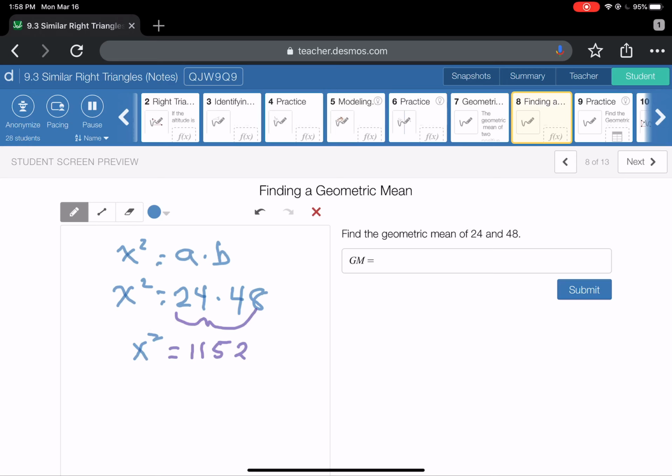x squared is equal to 1,152. So then we are going to take the square root of both sides to eliminate the exponent. Boom, boom. Okay, so that's going to give us x is equal to 33.94.